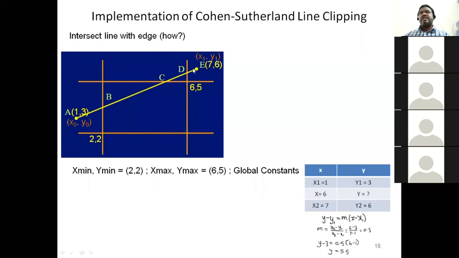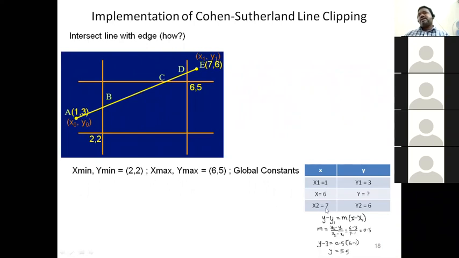This portion is outside the viewport. I am going to find out the x, y coordinate value for intersection point D. So here 1, 3, x1 is 1, y1 is 3. This endpoint x2 is 7, y2 is 6. If x equals 6, in this case the top corner x coordinate value, what is the value of y? I am interested in finding out, for which you have to do linear interpolation. It's a straight line equation. x1 is equal to 1, y value is 3 here.